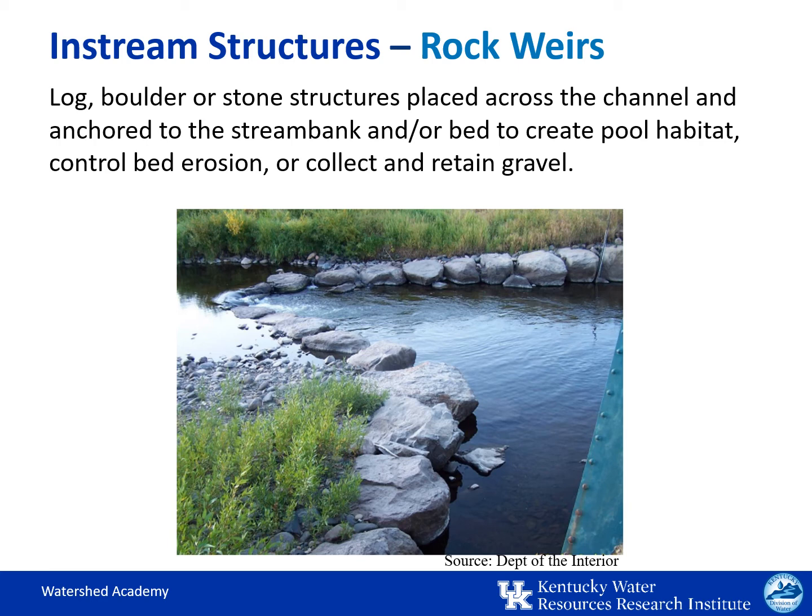So weirs point upstream with the sides angled out to about 15 to 30 degrees. The legs of the weir will actually continue upstream into the stream bank just above the bank full elevation. The stones that make up the weir do not actually touch each other, and so that way in base flow conditions, the water is forced to flow around and between the stones.